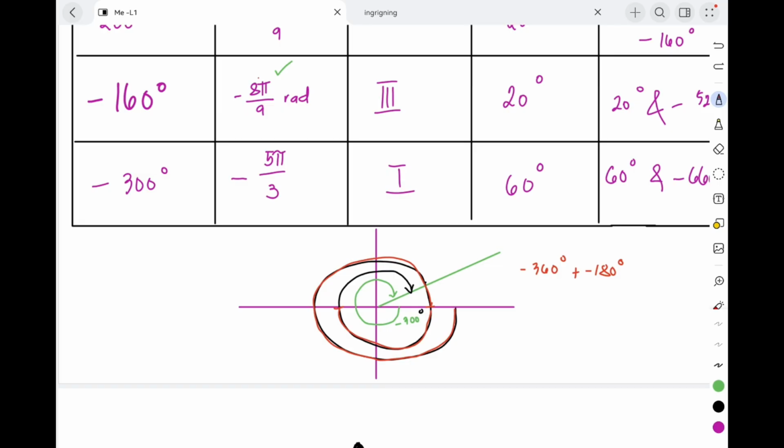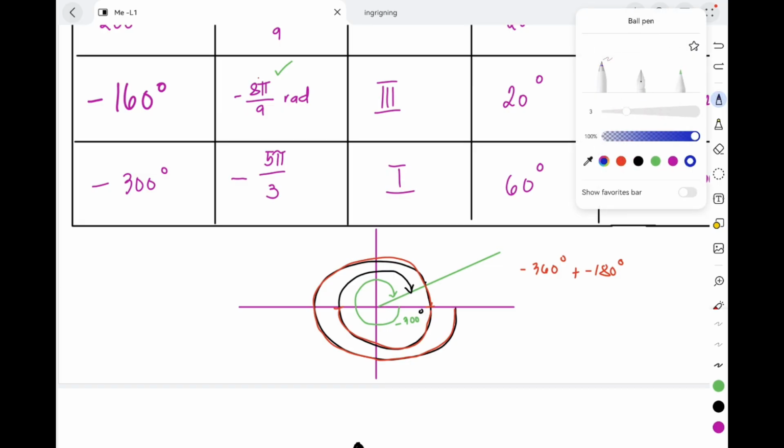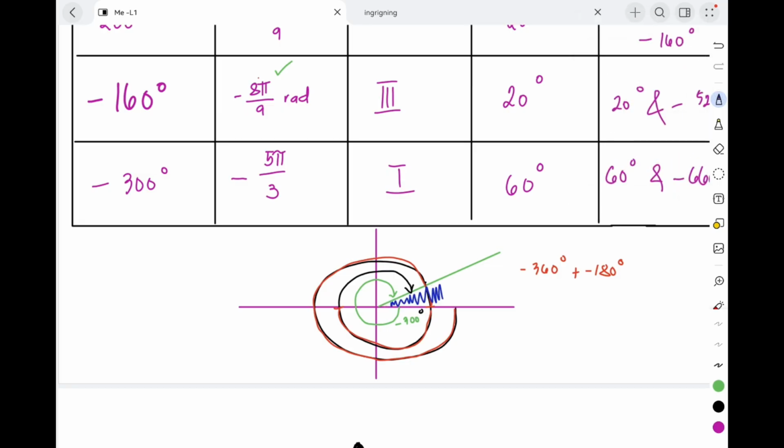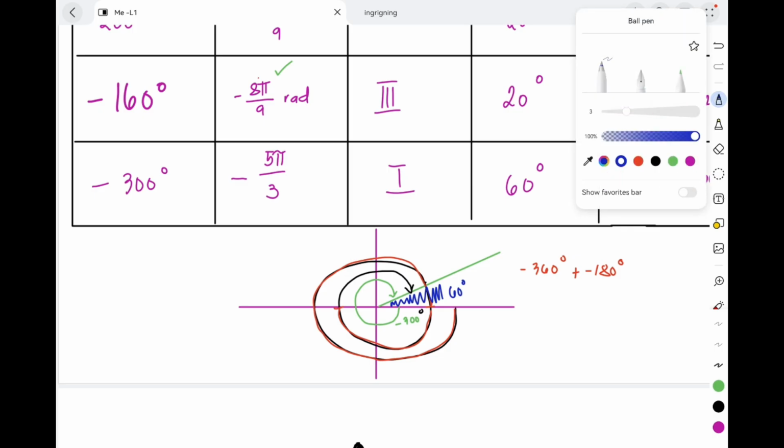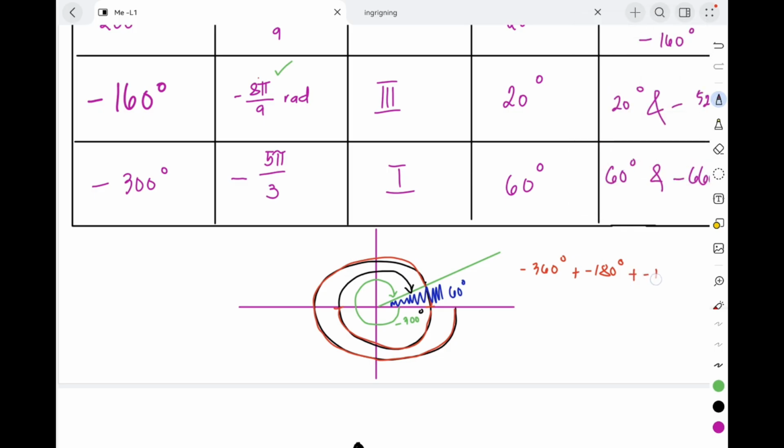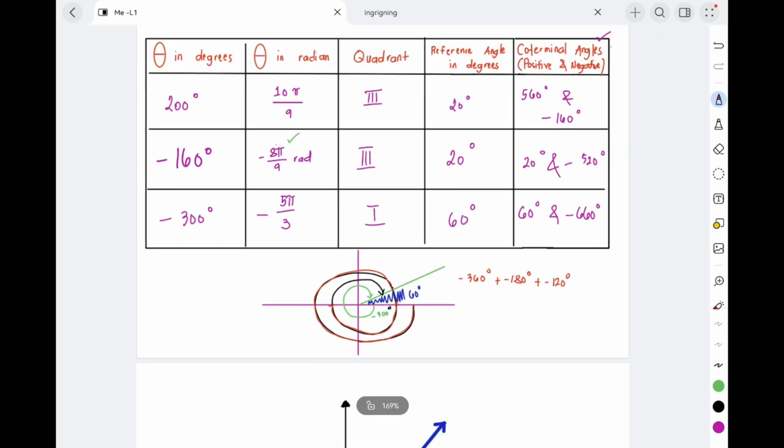So meaning the remaining part here, kini siya is equal to 60 degrees, right? So you just have to deduct 60 from 180, and that is 120 degrees. So plus negative 120 degrees. So let's add negative 360 plus negative 180 plus negative 120, and that is equal to negative 660. So correct. This equals negative 660 degrees.